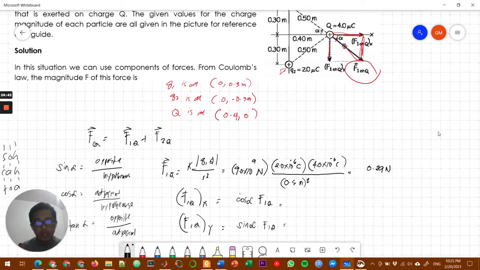So how do we find the cosine alpha? So we have cosine alpha and we have the sine alpha.